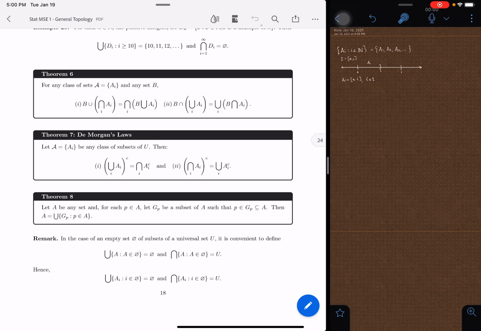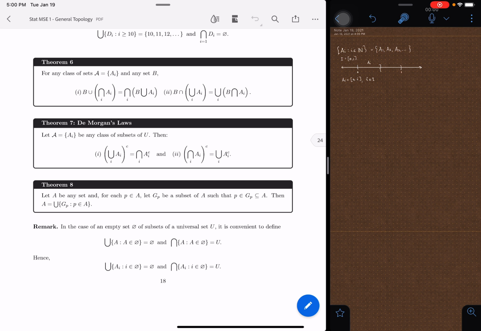If we get the complement of the generalized union, or the union of all A sub i, then that is just equal to the intersection of the complements of every A sub i. And for the other way around, the complement of the indexed intersection is equal to the union of the complements of every A sub i in the class.